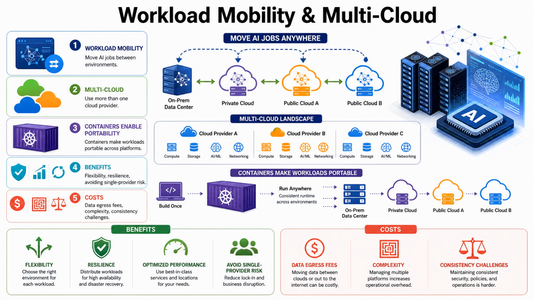Number 3 is the enabler that makes it all possible, containers. Look at build once, run anywhere. You package the workload one time and it runs consistently wherever you drop it. That's the magic ingredient.